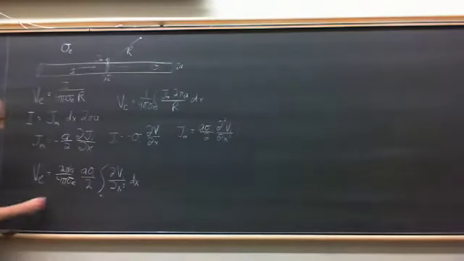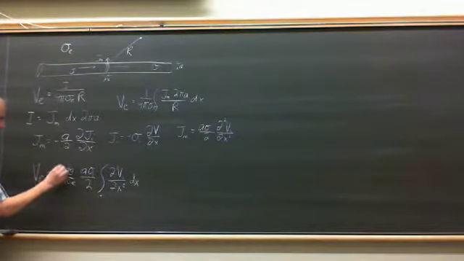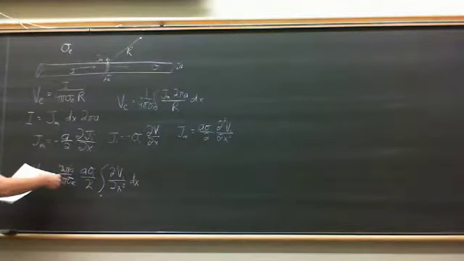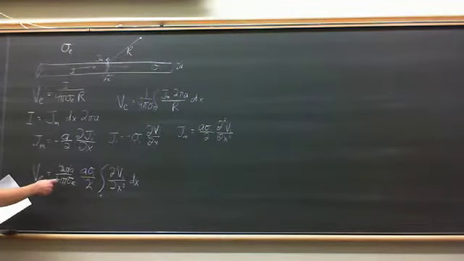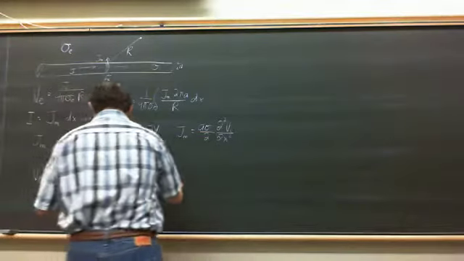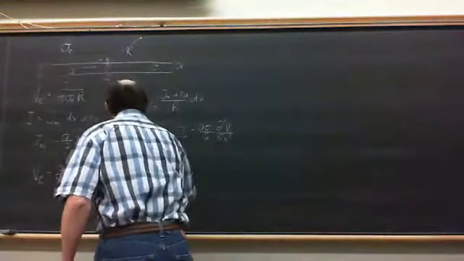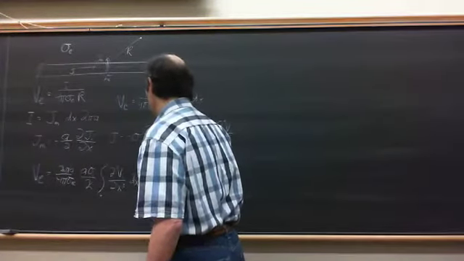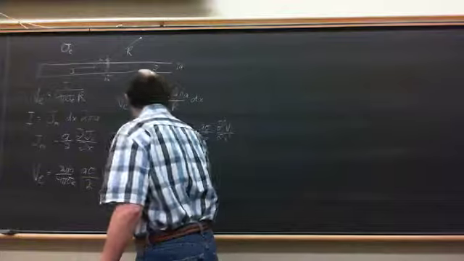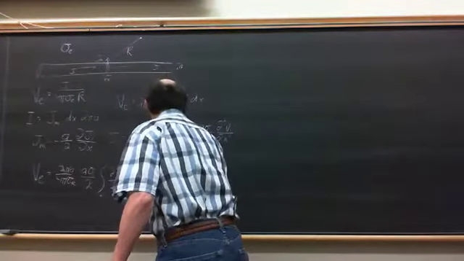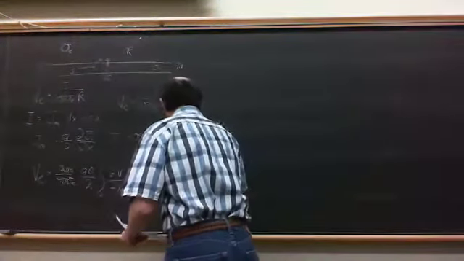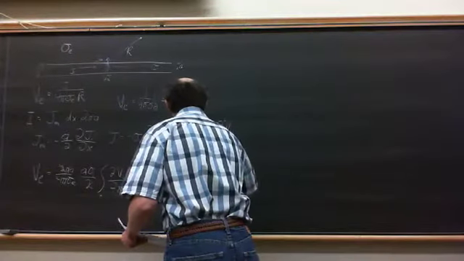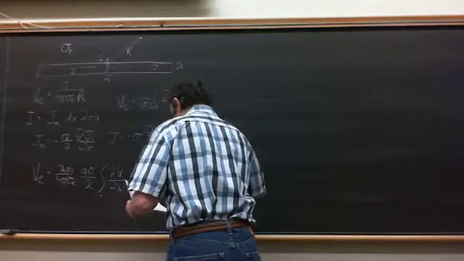Pi's will cancel, and a 2 will cancel that 2. You'll have a couple of a's, and I have a 4 left. So you'll get sigma I over sigma E, a ratio of the conductivities, an a squared over 4, and then this integral of d squared Vi over dx squared, times 1 over r, dx.